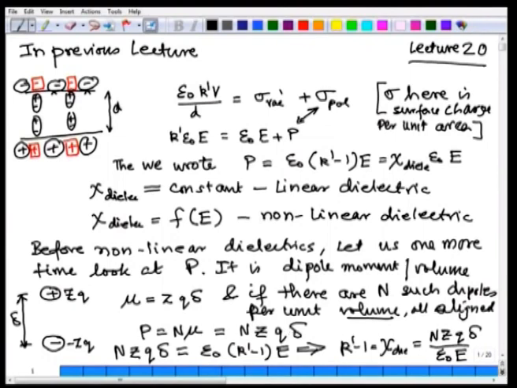Remember we can write polarization as epsilon naught times K prime minus 1 times the electric field E, which implies that dielectric constant minus 1, which is the dielectric susceptibility, is equal to n ZQ delta divided by epsilon naught E. Basically that is what the dielectric constant would be defined as in terms of dipole moments.